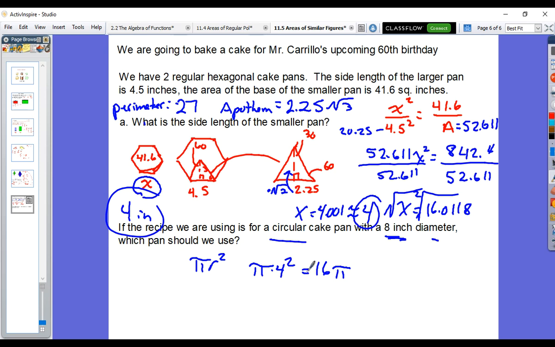Syntax error, sorry. 16 pi gives us roughly 50.27. So we should use the bigger pan. This is too much for the smaller pan right here.